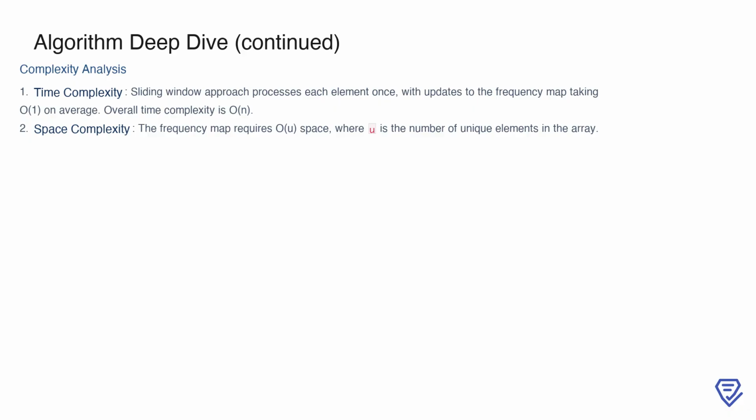For space complexity, the frequency map requires storage proportional to the number of unique elements in the array, denoted as U. Thus, the space complexity is O(U). This makes our solution not only fast but also space efficient, as the size of the frequency map is typically much smaller than the size of the array. By balancing time and space efficiency, the sliding window approach provides an optimal solution to the problem.